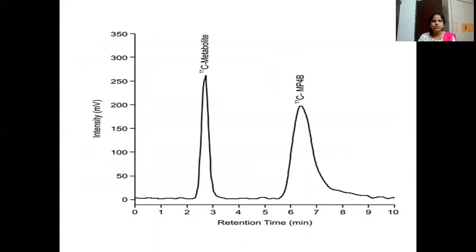So this is how the chromatogram looks. In this case, we have two peaks, which indicates that there are two components present. On the x-axis, you can see it's the retention time, and on the y-axis, it is the intensity of the peak. The area under the peak will give the amount of the sample present in it.